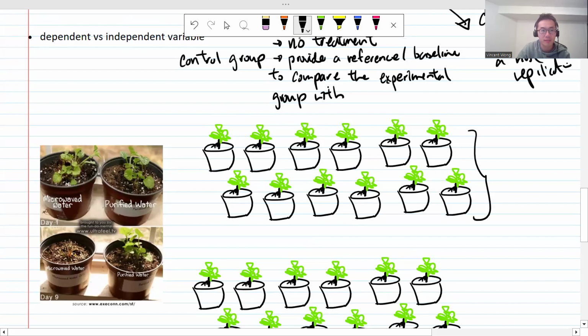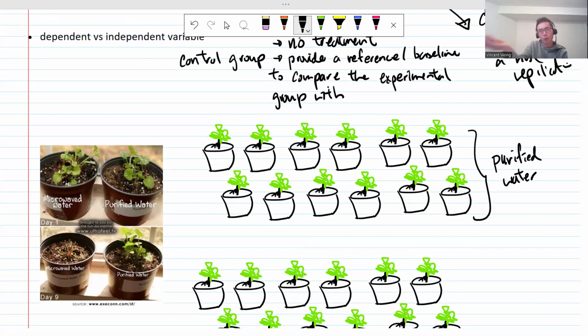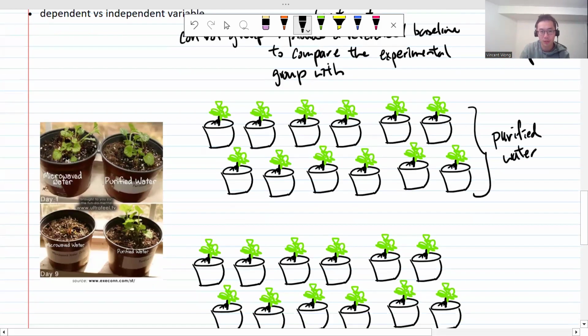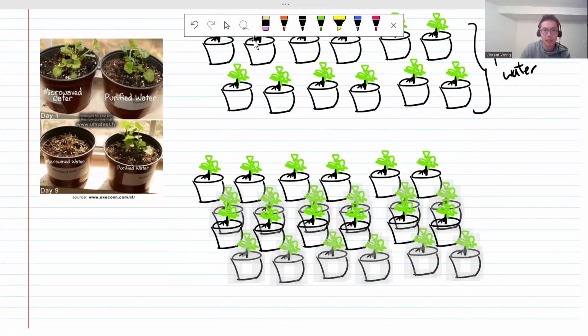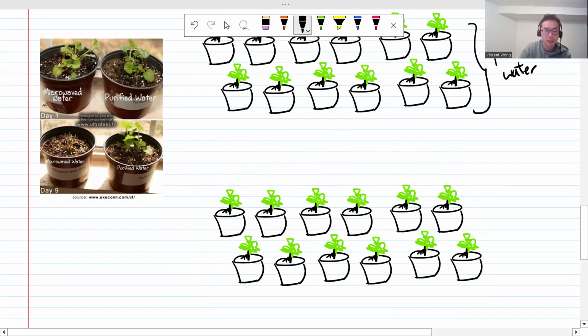They're just going to be receiving purified water, as it says in the picture here. Or normal water, it doesn't really matter. The point is you're giving them non-microwave water.